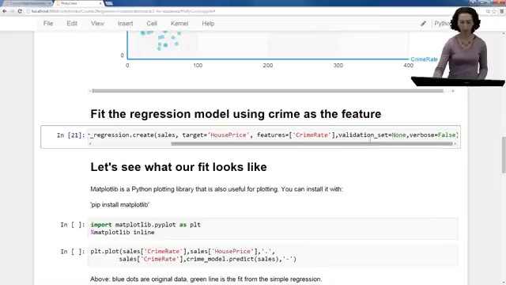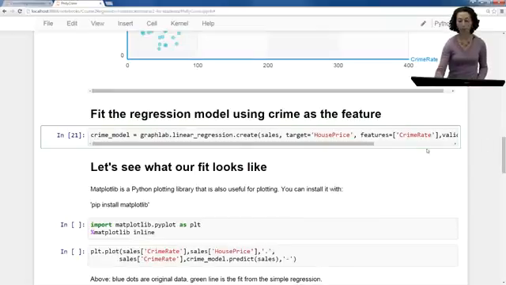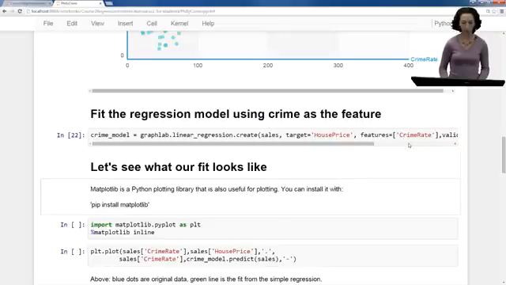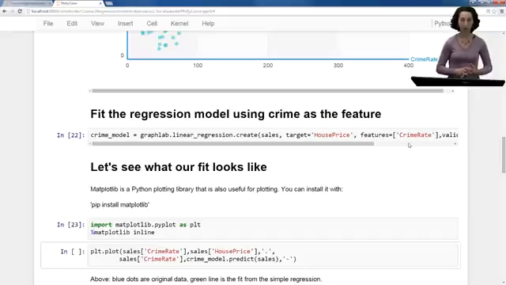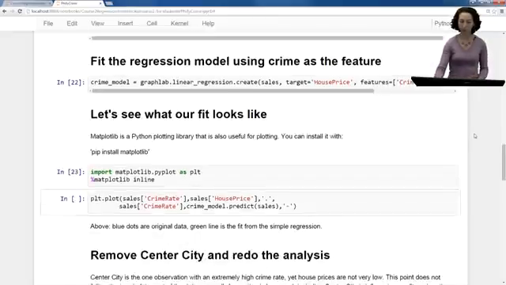Okay, so now what we've done is we've output this to something called crime_model. And now let's look at what this fit results in. So let's just import our matplotlib library to start making some plots here.